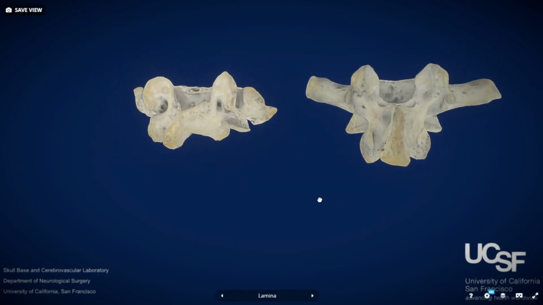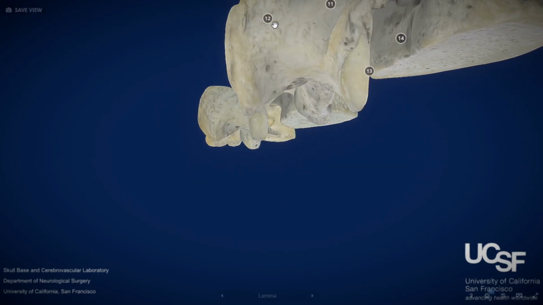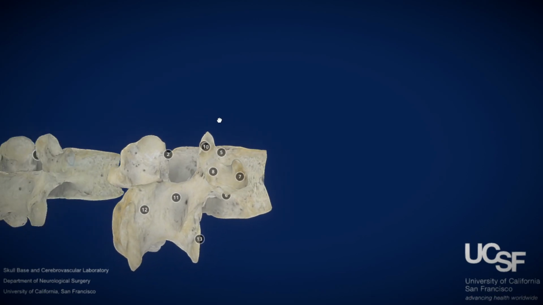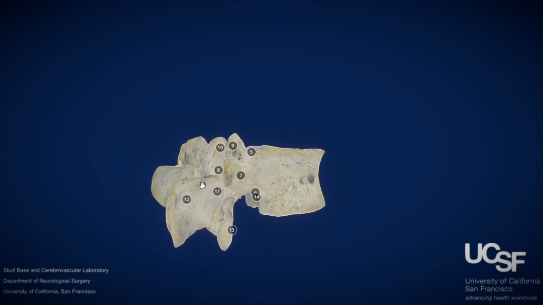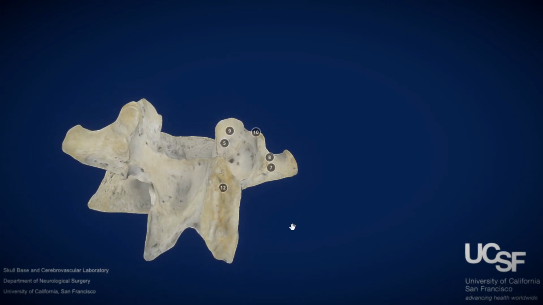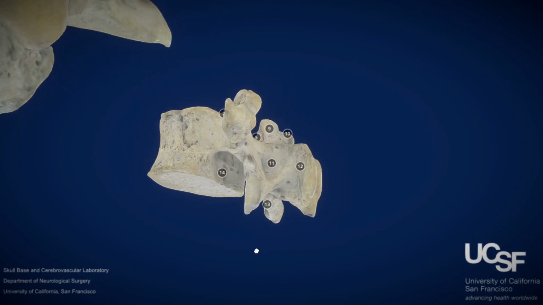And let's finalize with the spinous processes. The lumbar spinous processes are broad from superior to inferior and narrow from side to side and project directly posteriorly.